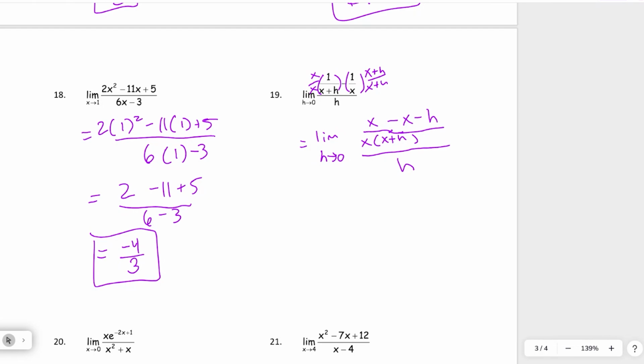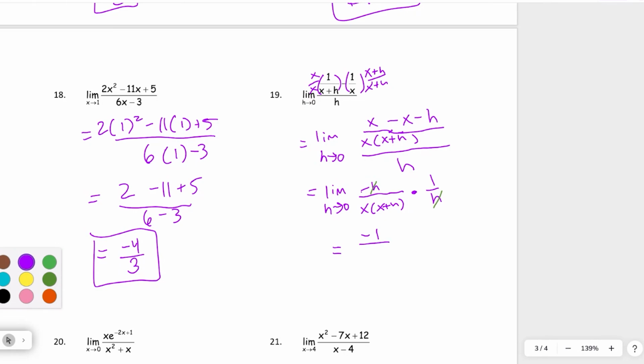So dividing two fractions would be equivalent to multiplying by the reciprocal. So I'm going to have x minus x is 0. So we have negative h over x times x plus h times 1 over h. And we can see here that our h's are going to reduce to 1. So now we can go ahead and just plug in 0 into h.